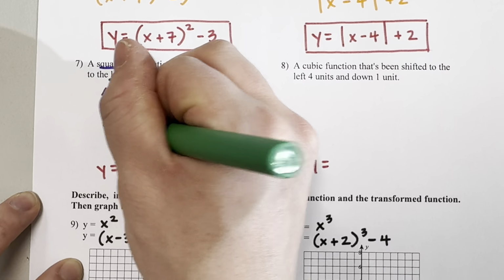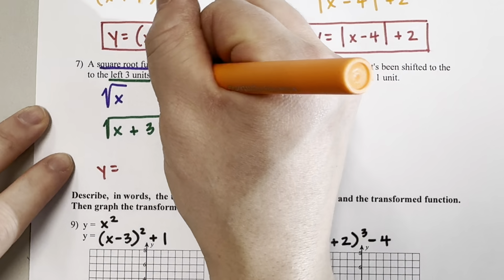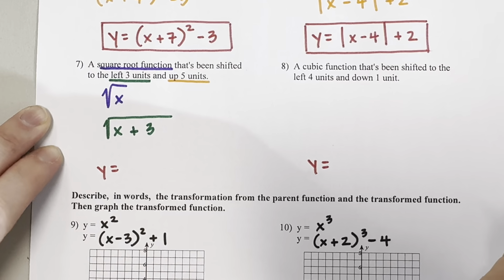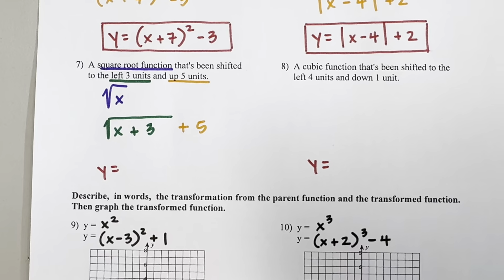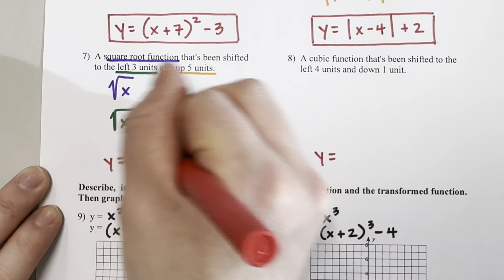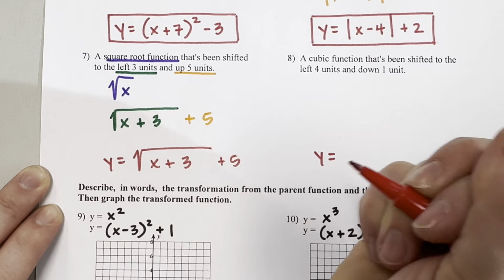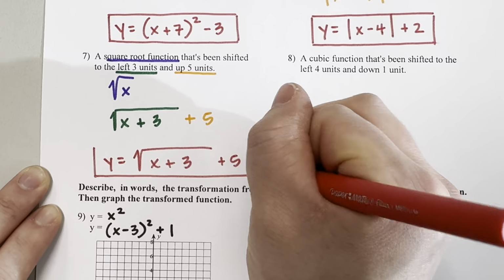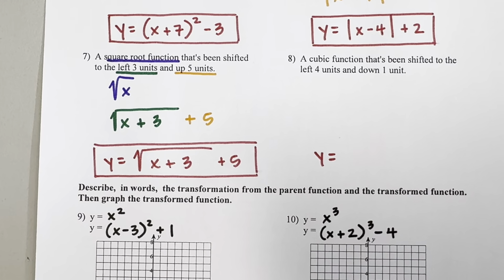Left is plus, so plus 3 on the inside, and then up 5 units. Well, up would be plus 5 on the outside. And there's our finished equation. We just got to put it with our y equals. So I have x plus 3 on the inside, plus 5 on the outside. Beautiful.